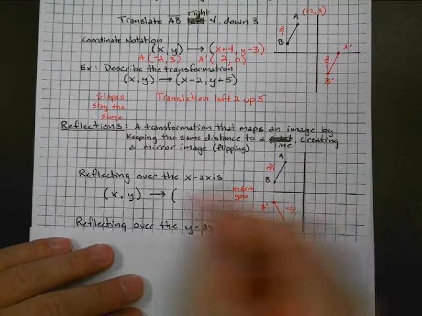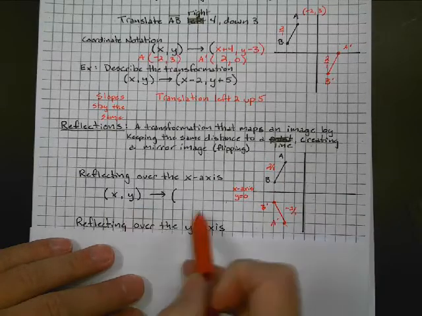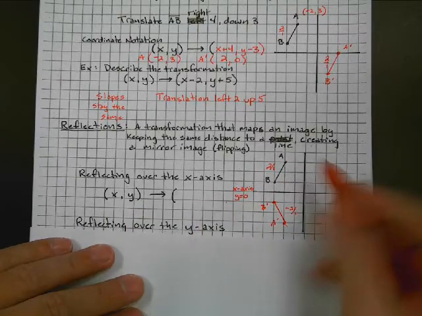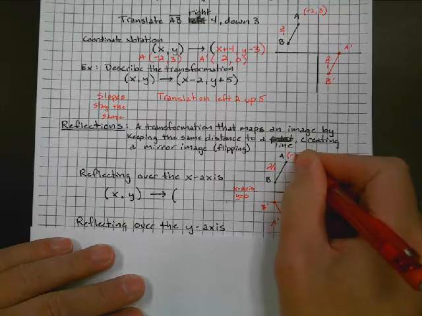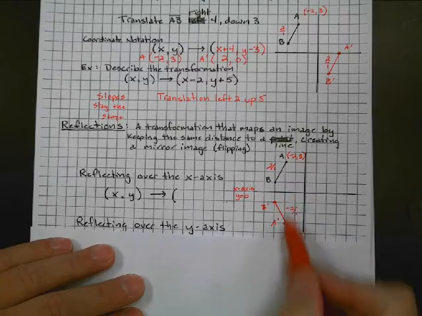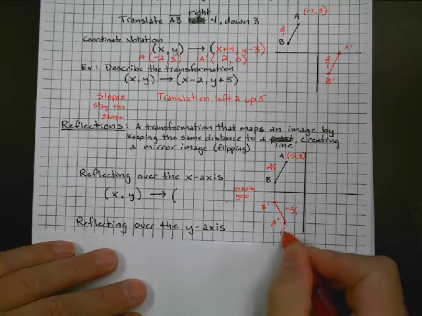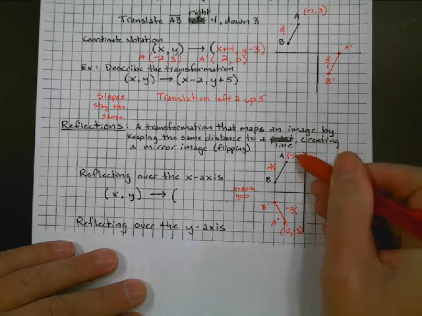Now let's look at what happened with A and A prime so we can get an idea of what the coordinate notation for this is. A is at negative 2, 3 again. A prime is at negative 2, negative 3. So what's happened to the x-coordinates?